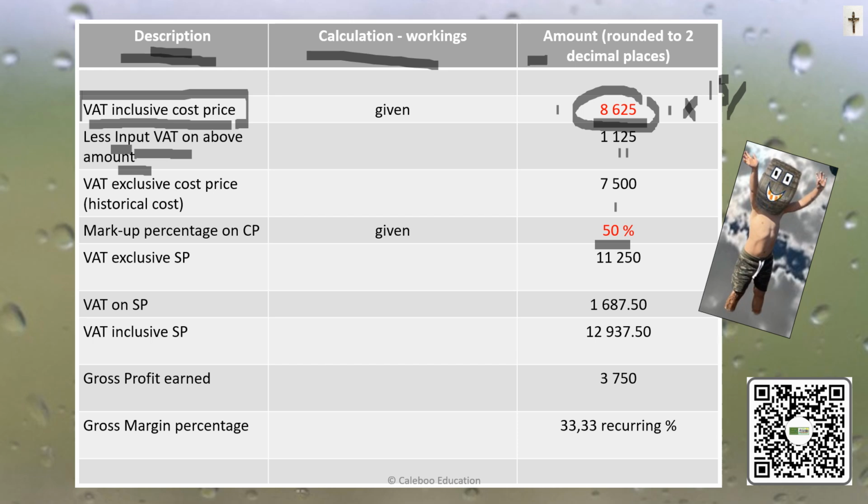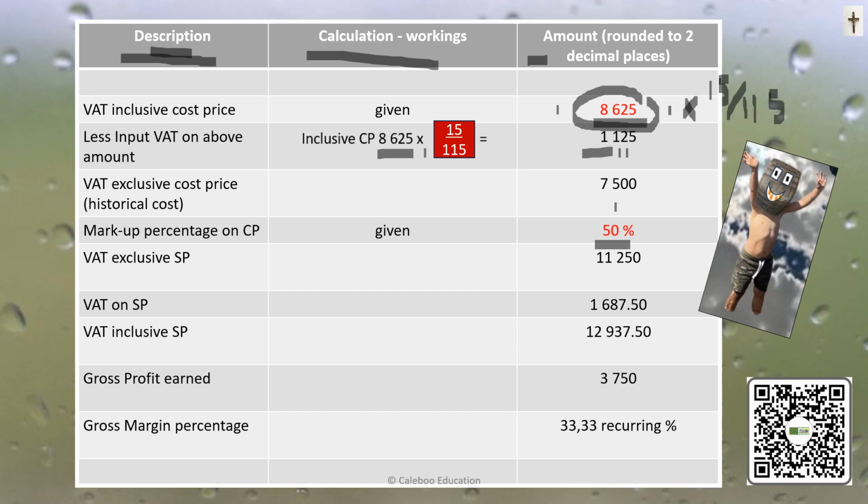You need to multiply this inclusive amount by the VAT fraction. So this is the calculation. The VAT inclusive cost price of 8625, which was given in the line above, multiplied by the VAT fraction, is equal to 1125. There we go. We're on our way.